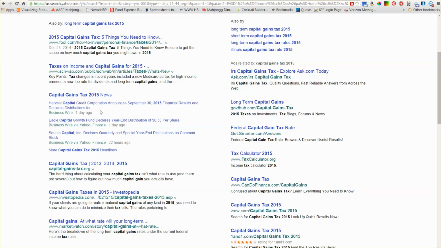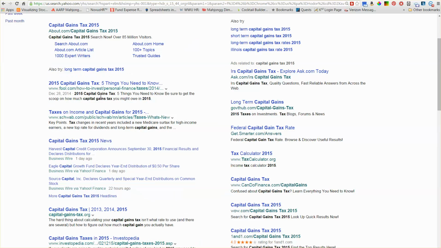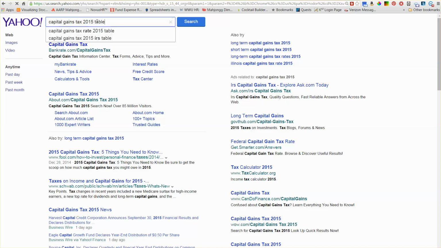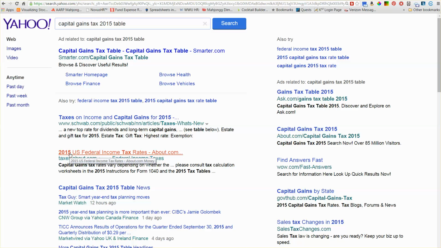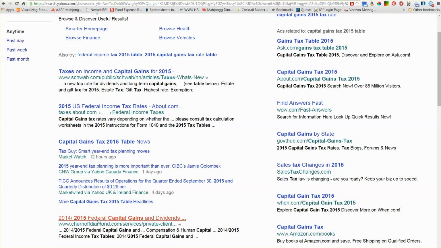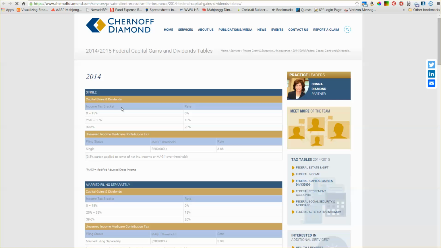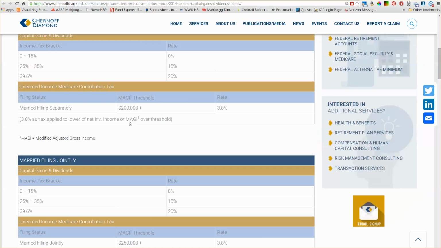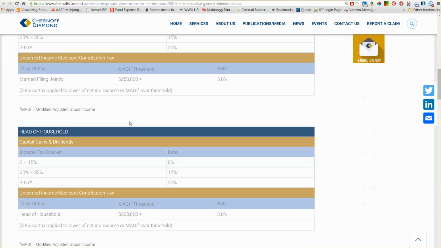So I'm just hoping that I can find a nice table fairly quickly. Oh, this actually summarizes it pretty good. It's not the same table that I'd used before. Oops, I'm looking for 2015.